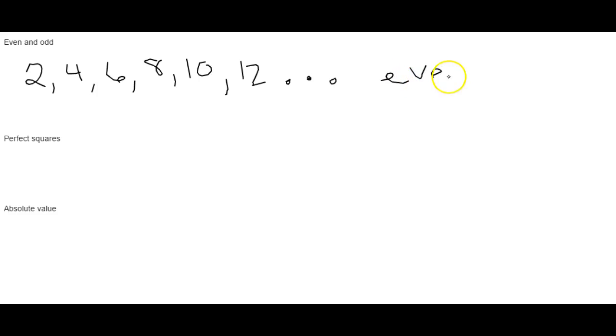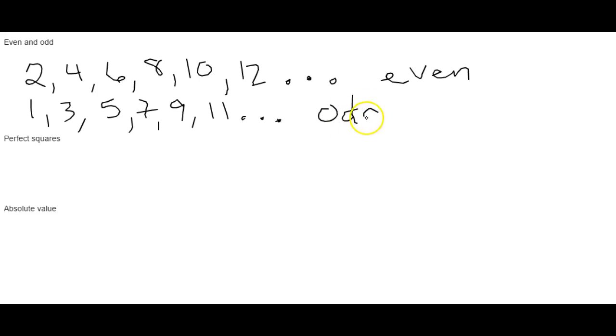An odd number is one that is not divisible by 2. So 1, 3, 5, 7, 9, 11, and again we could keep going. If I did 1 divided by 2, I'd get the decimal 0.5. If you get a decimal, it's not considered to be divisible by 2. So there are our odd numbers.